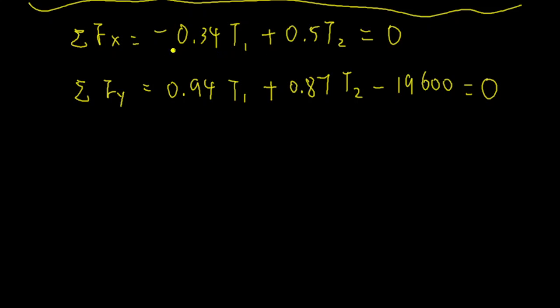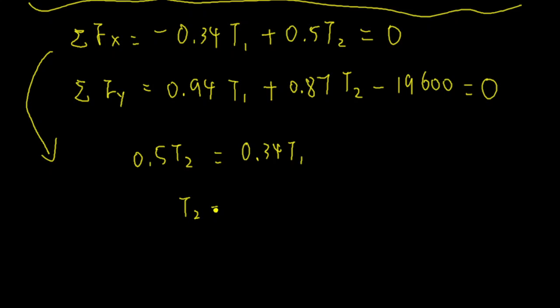So we know that if we move this negative 0.34 T1 to the right side, we have 0.5 T2 is equal to 0.34 T1, because when you move this negative value to the right side, it becomes positive. Isolate T2, right? So we can substitute T2 here.